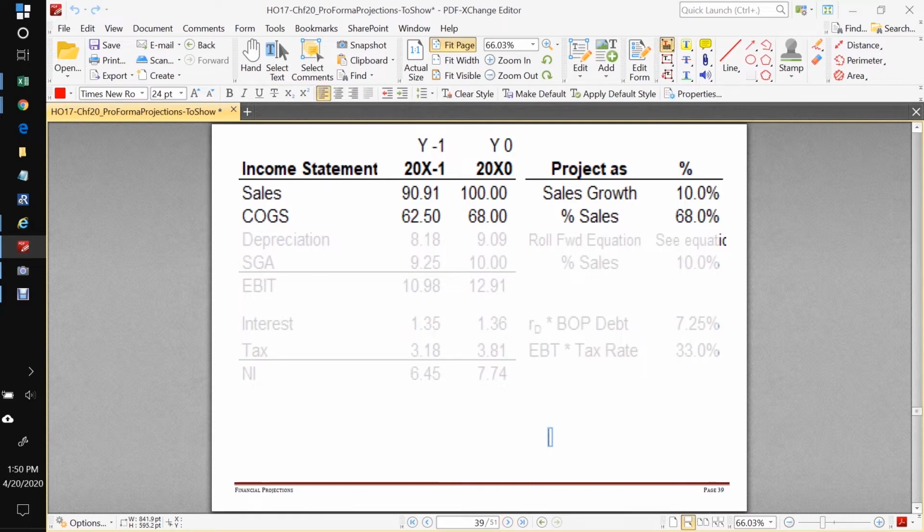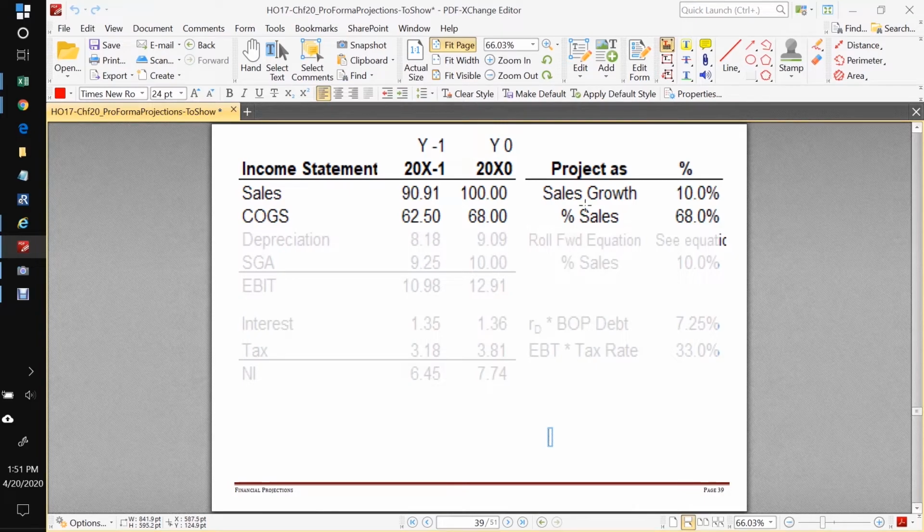So next up will be projecting income statements, and the CFO has told us that she feels that the growth is going to be 10% for the next 2 years. And then again, for any account on the income statement that we don't have a formula or a CFO/board of directors dictate for, we're going to use that constant percent of sales assumption.